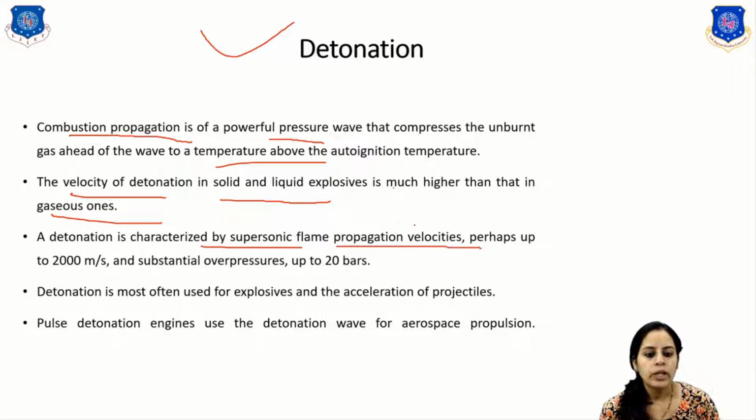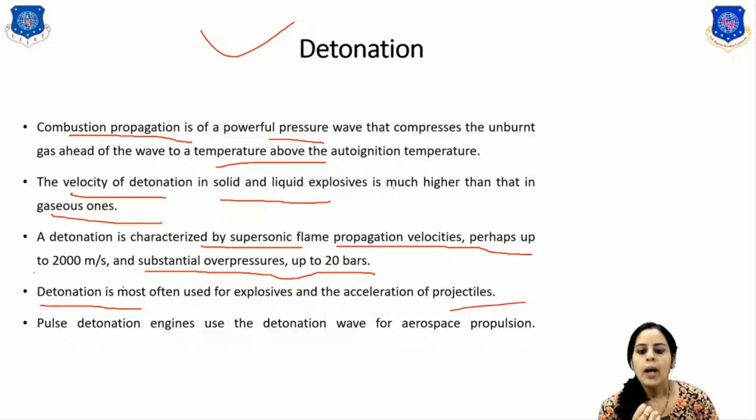The propagation velocity can be up to 2000 meters per second with substantial overpressure up to 20 bars. Detonation is most often used for explosives and the acceleration of projectiles. Plus, detonation engines use the detonation wave for aerospace propulsion, right?